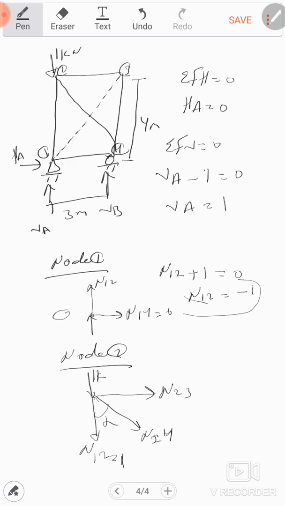So here in this example, after you find the sine and cosine of alpha, you will get the summation FV equals 0, so that N24 equal 0, and you can check the other parts. All the other members are equal 0. So go to the next.